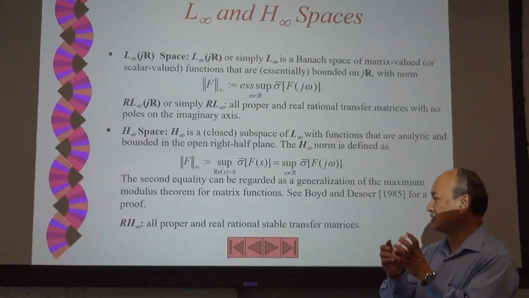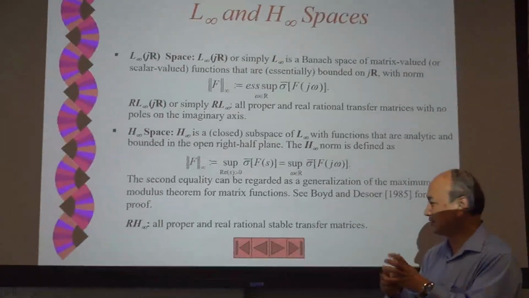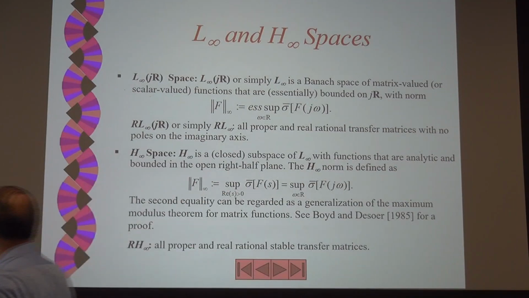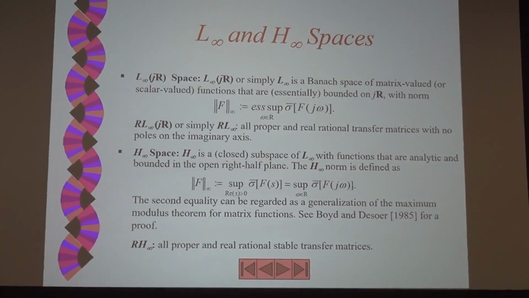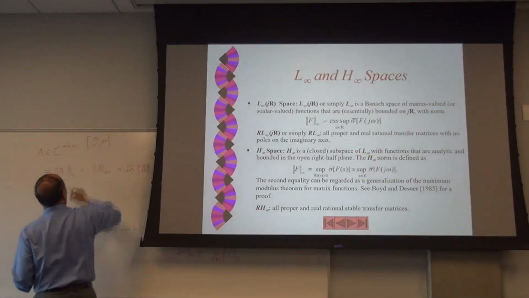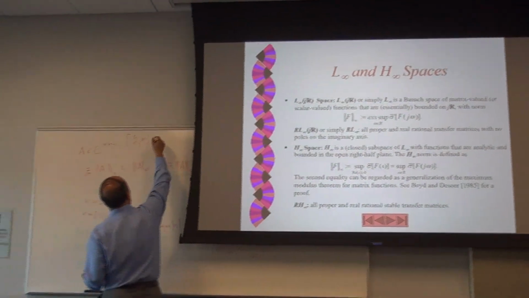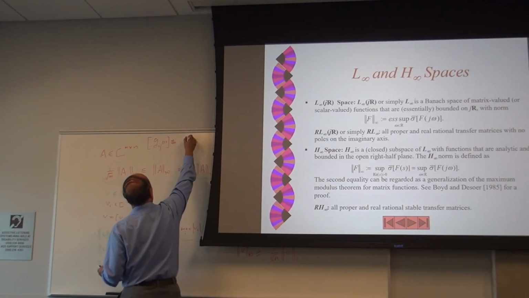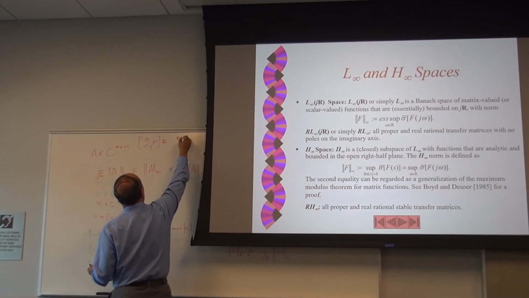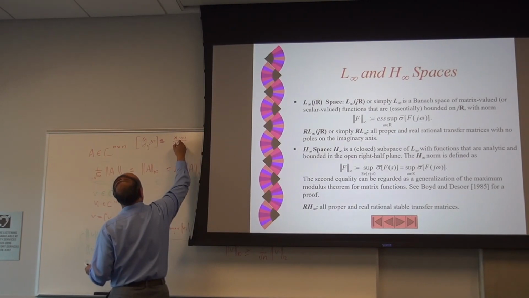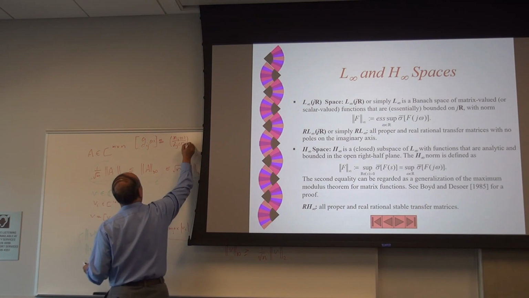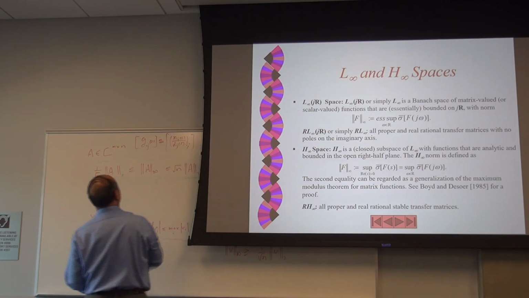So small Gij(s), okay, Gij(s), then you put this one as a matrix, and Gij itself can be written as numerator ij divided by denominator ij, and this one is the ij element of this one.